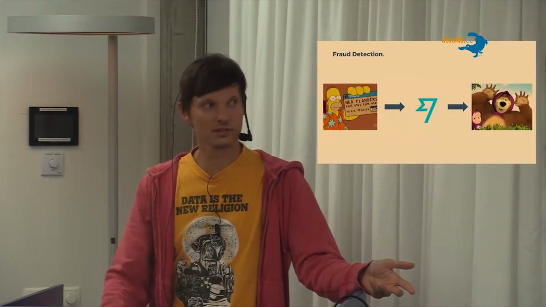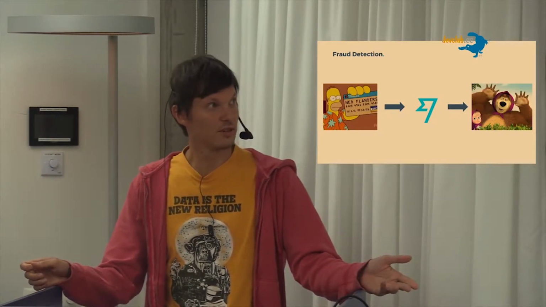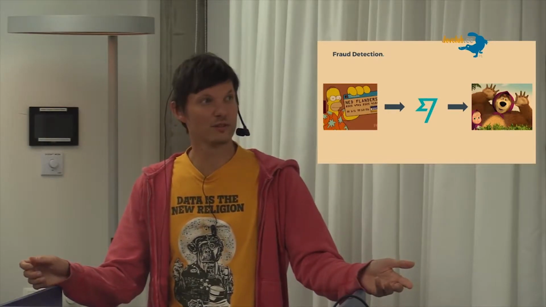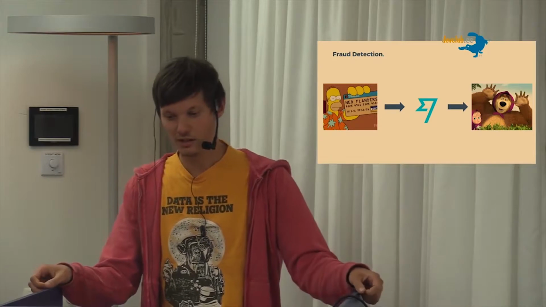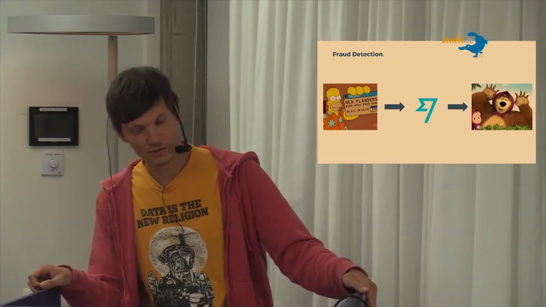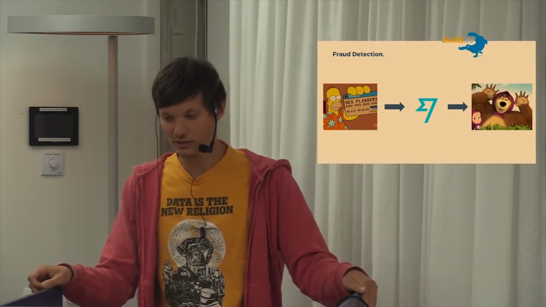Let me give you an example. Imagine a not-so-young customer from the US making a transfer to somewhere in Russia with an Estonian IP. If you look at the picture, it doesn't pass the reality check.